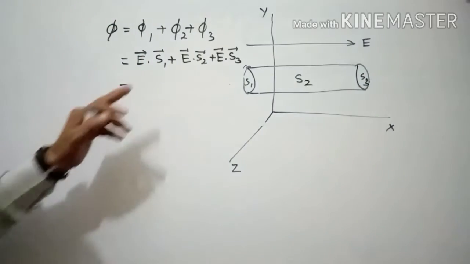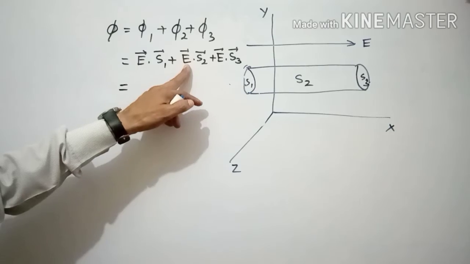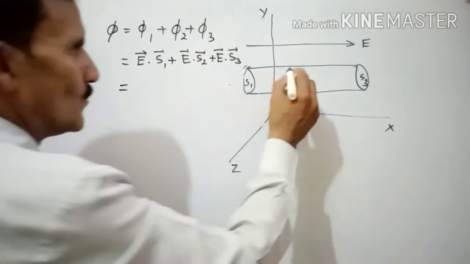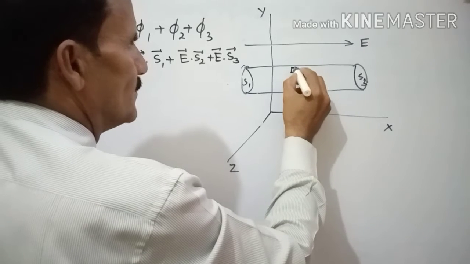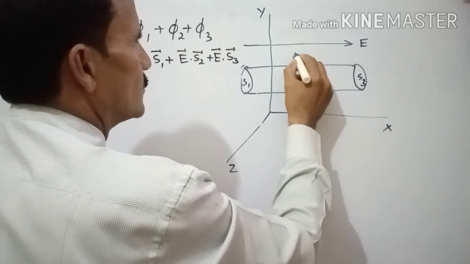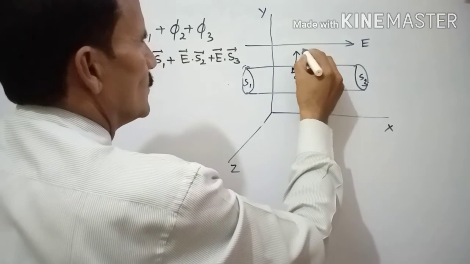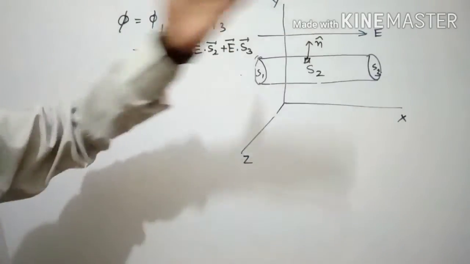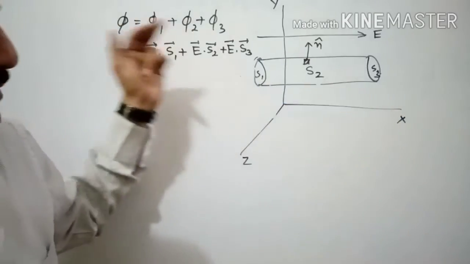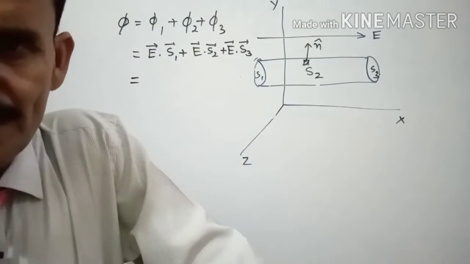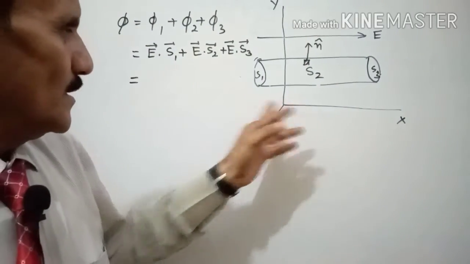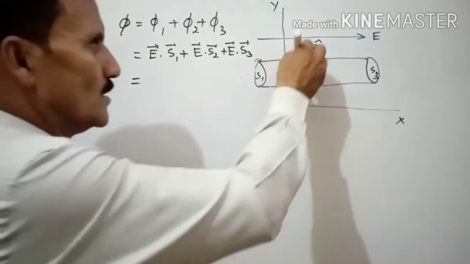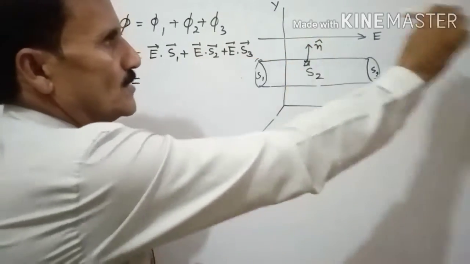Come here first, the electric field and this surface. When you take any element and draw a perpendicular unit normal, that will always be perpendicular to the x-axis, in the direction of the z-axis like this.